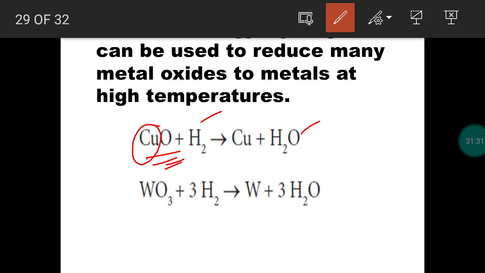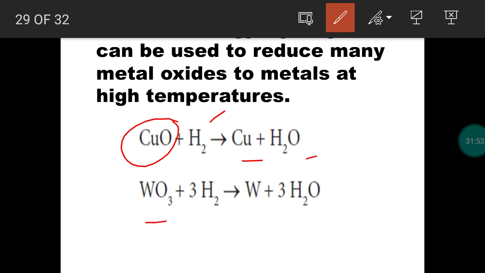It forms water with the production of copper. What is our aim? We need copper metal from copper 2 oxide. When hydrogen is used, it behaves as a reducing agent and combines with the oxygen fast to form water.